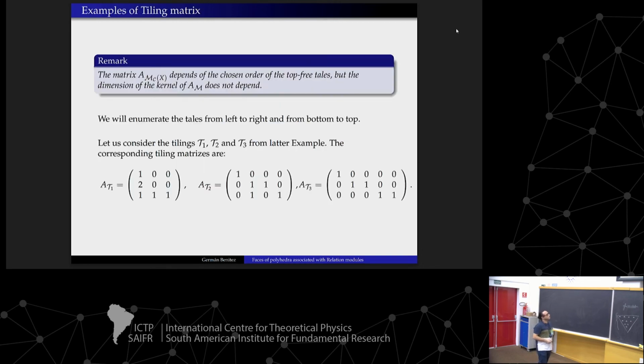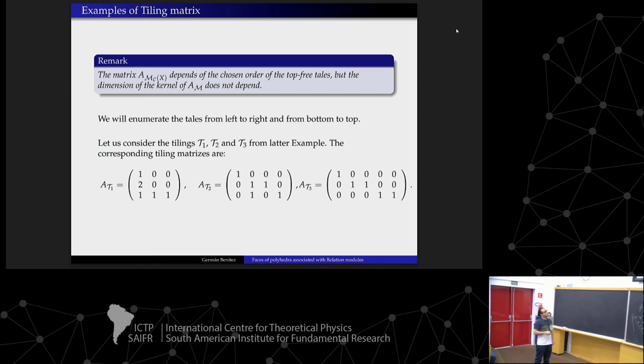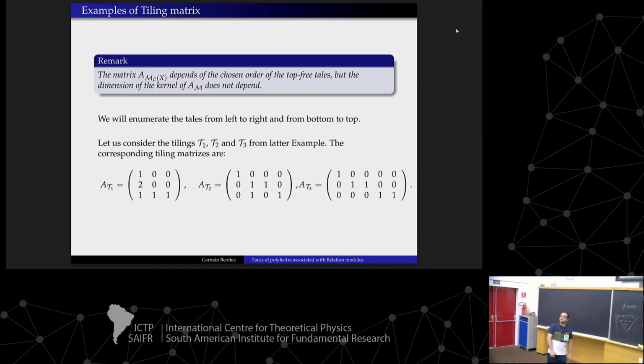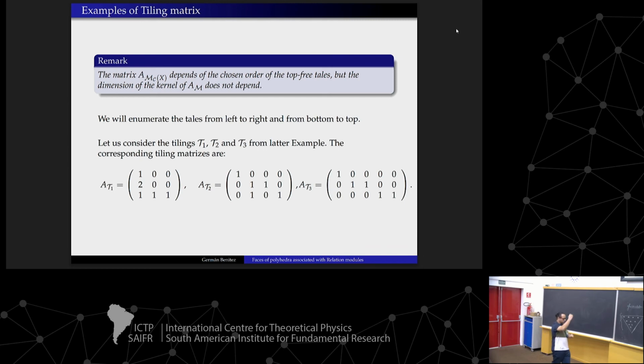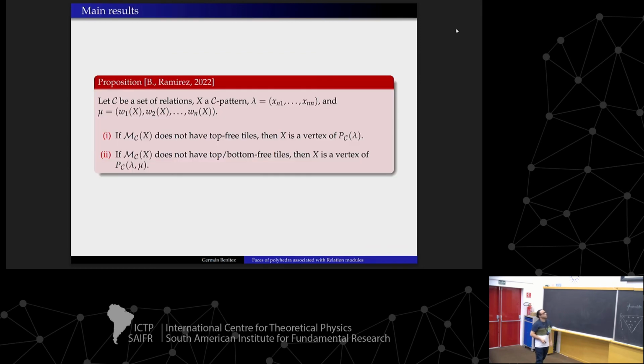For example, this is the tiling matrix with respect to the previous example. Of course, the tiling matrix depends on the chosen order of the top free tiles, but we are interested in computing the dimension of the kernel. From now on, we will enumerate the top free tiles from left to right and from bottom to top.